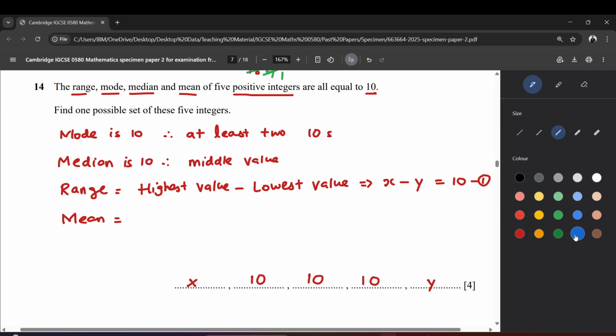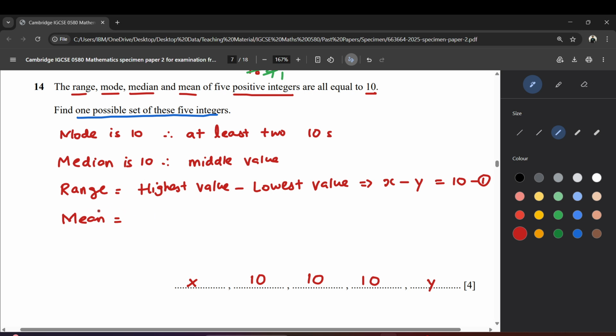Because it says to find one possible set of 5 integers. That means there could be multiple answers to this question. So if I keep three values as 10, will I get two values x and y, both of which are integers? If I do, then that means this is a correct assumption. Okay, so let's try this.